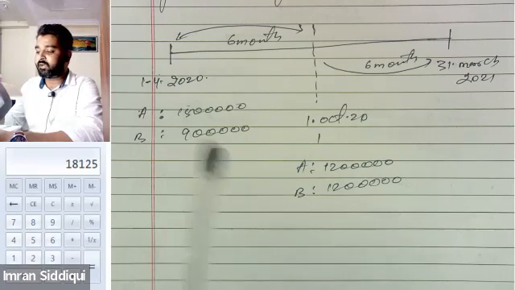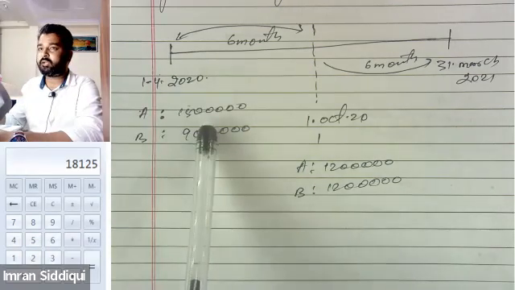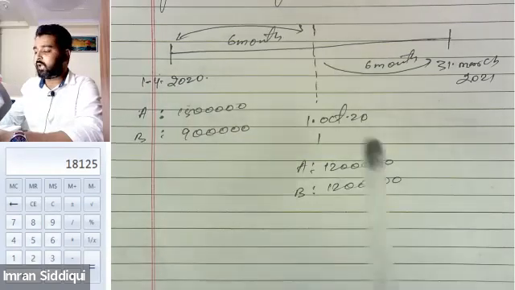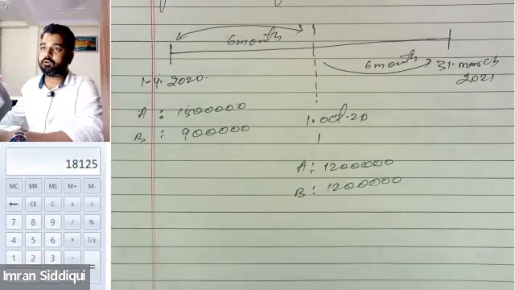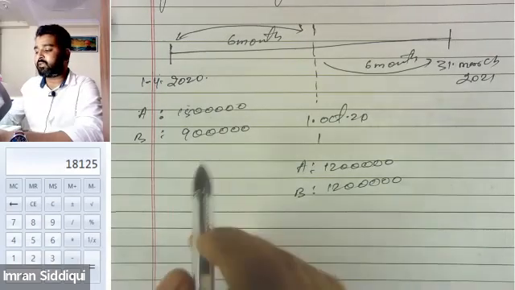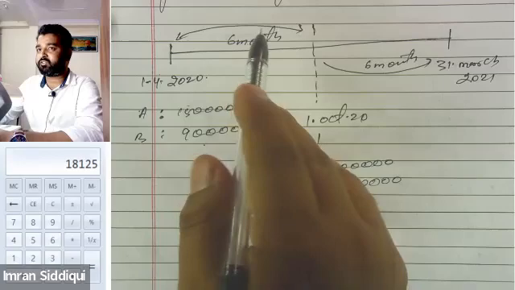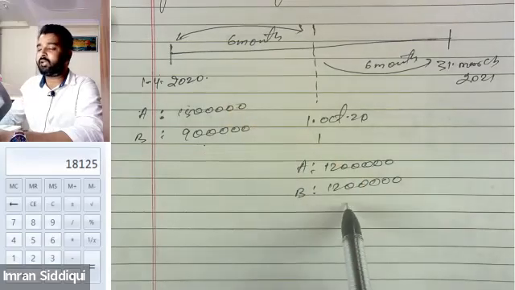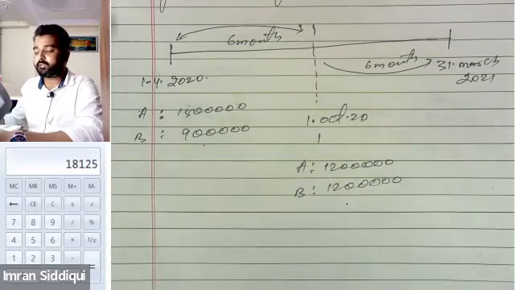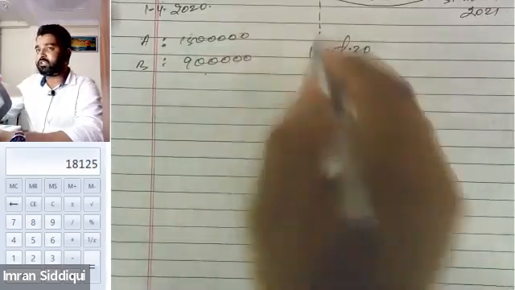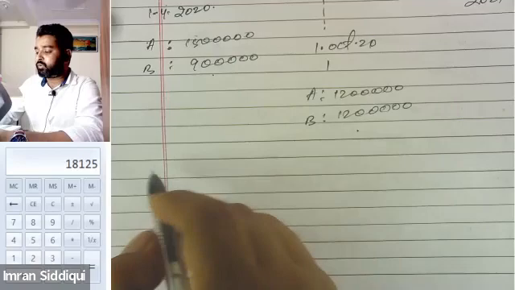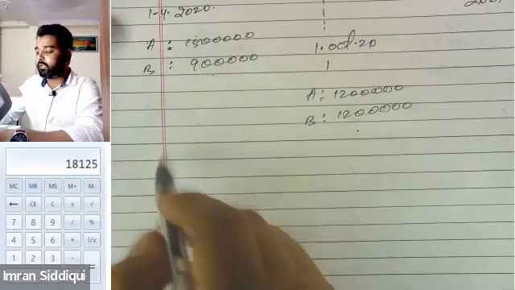So Mr. A maintained 15 lakh capital for the first 6 months and 12 lakh for the next 6 months, and similarly the other partner maintained 9 lakh for the first 6 months and 12 lakh for the next 6 months. Taking these things into consideration, we will be able to calculate interest for partner A.